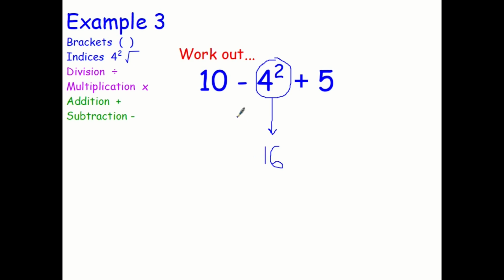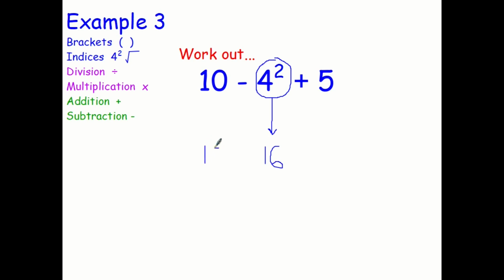Then I've got a subtraction and an addition. Now you might think, well, I've got to do the addition first because the A comes first in my BIDMAS, but remember addition and subtraction are of equal priority, so you can just read from left to right.